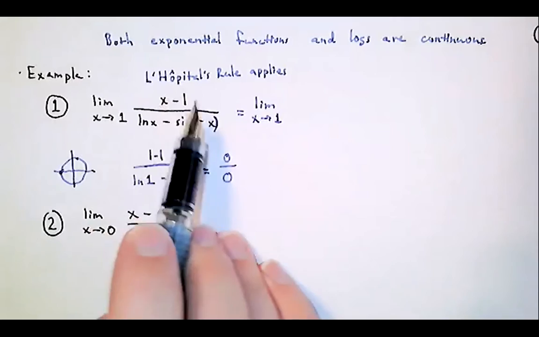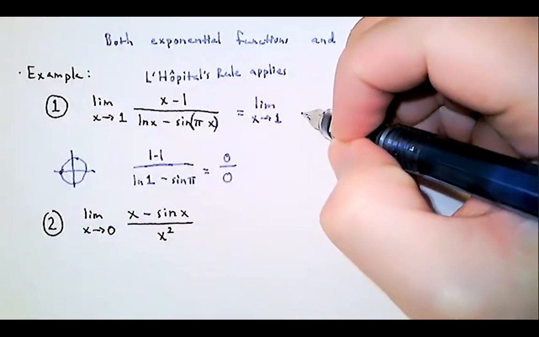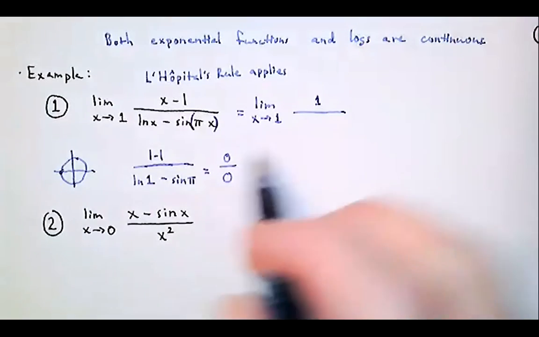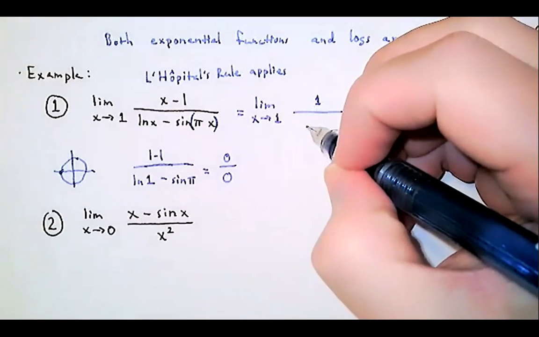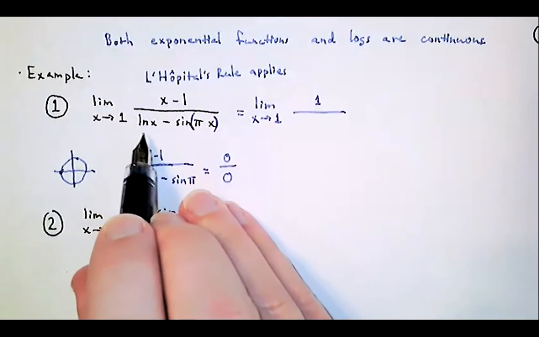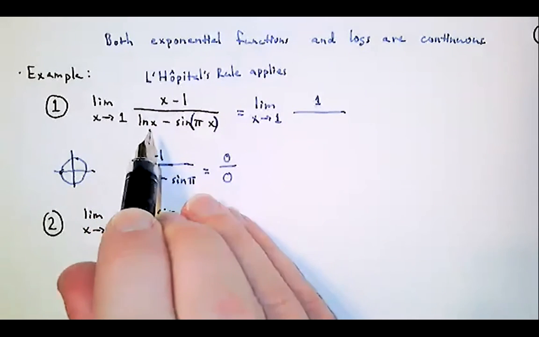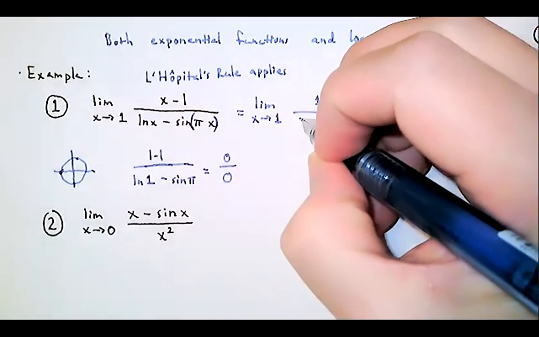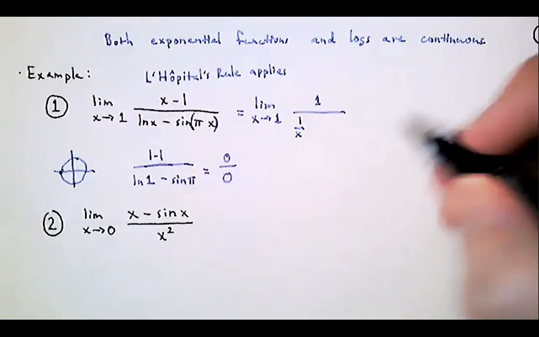So what's the derivative of x minus 1? It's 1. What's the derivative of natural log of x? One over x, right. So this is one of our new rules from last week.